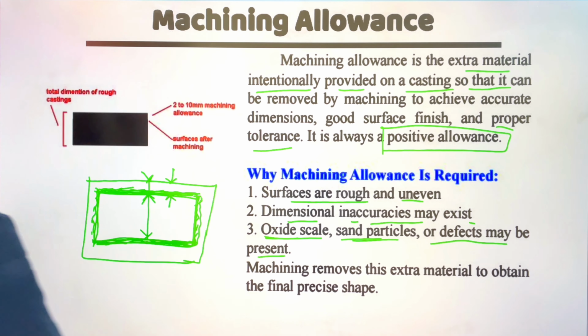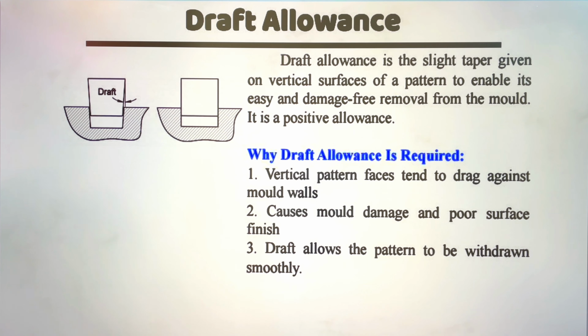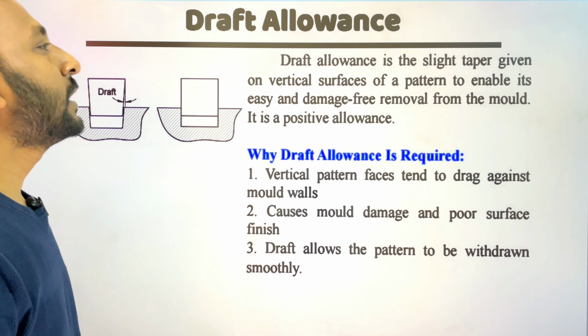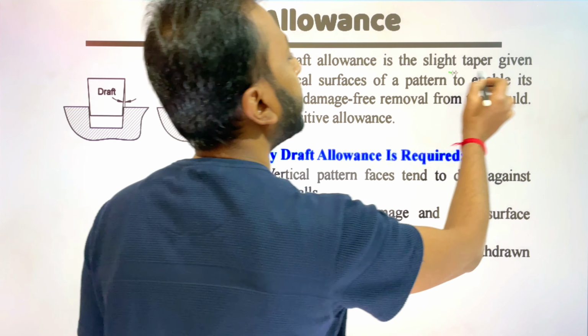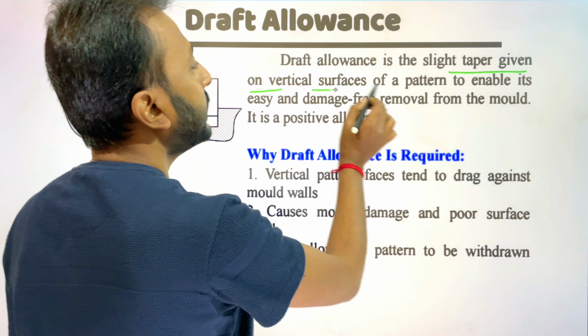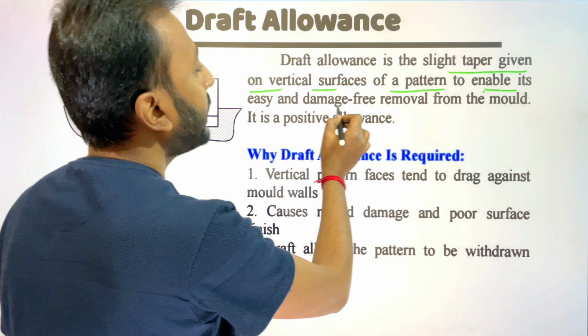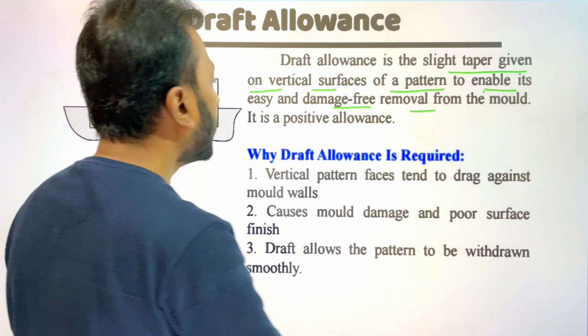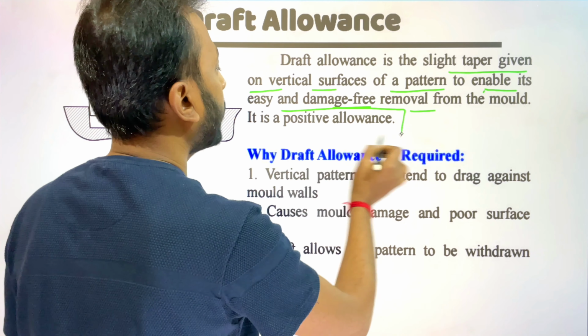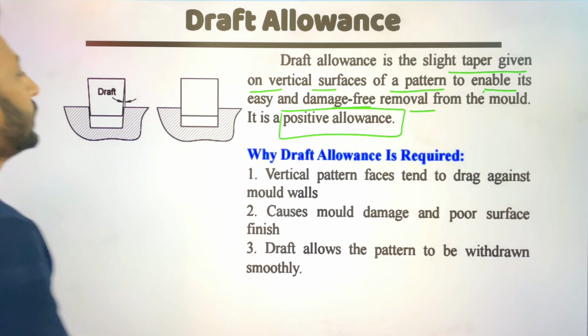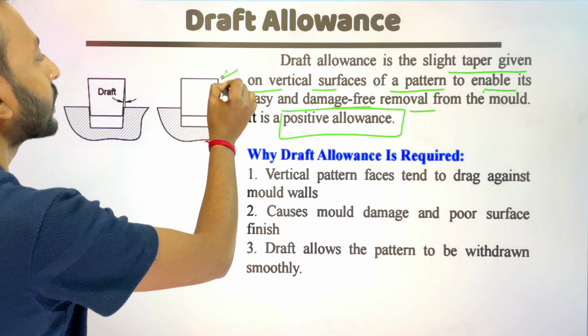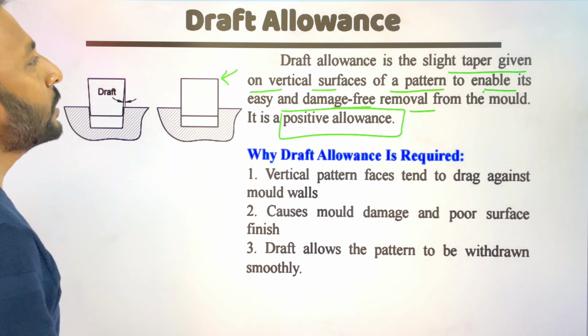So next is the draft allowance. So what is draft allowance? Draft allowance is the slight taper given on vertical surfaces of a pattern to enable its easy and damage-free removal from the mold. It is also always a positive allowance. So let's suppose this is the pattern without draft allowance.